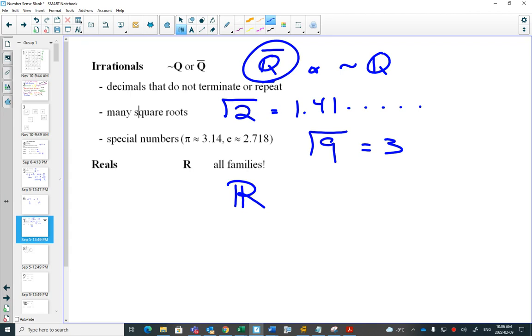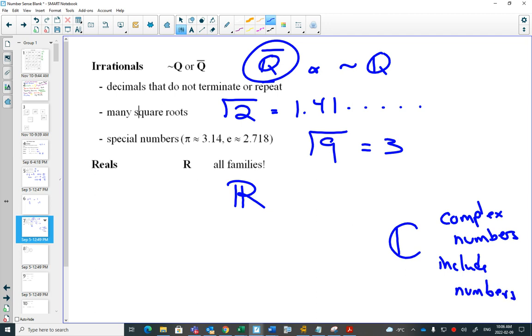And then if you go to university, someday down the line, you might learn about another family of numbers. Yep, those are the complex numbers. They include, wait for it, a special kind of number. Okay?